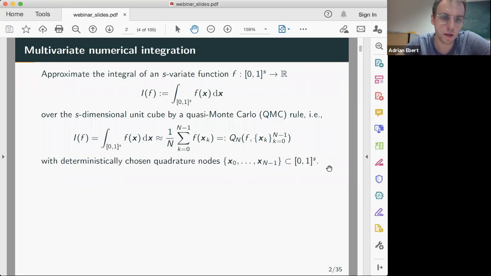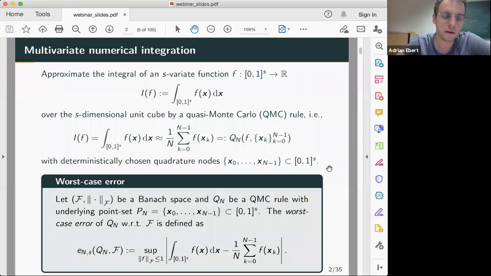Now, if we consider such a quasi-Monte Carlo rule, then we are in need of a measure in which we assess how well we are doing in terms of the approximation problem. This measure will in this talk be the so-called worst case error. We define it as follows.